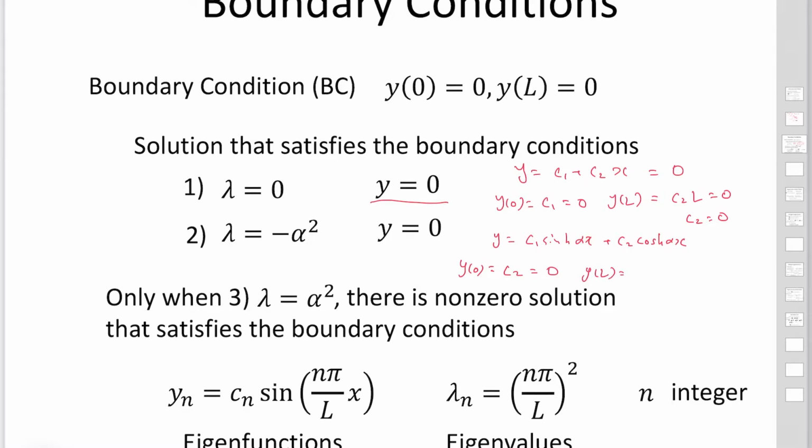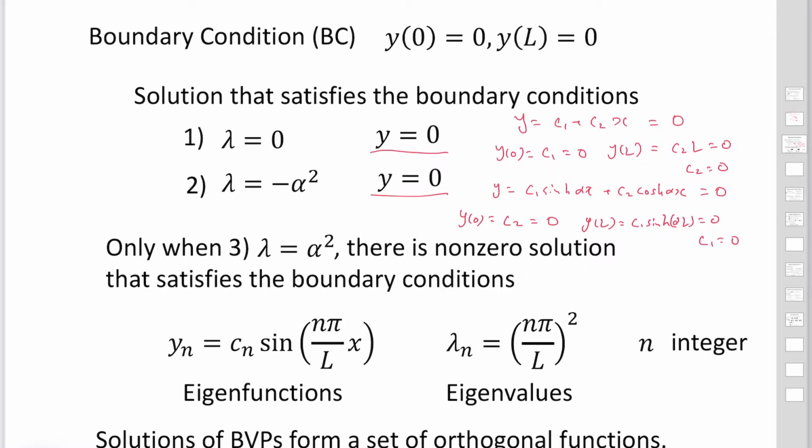Substituting L, it becomes c sub 1 hyperbolic sine alpha L equals 0. So c sub 1 has to be 0. So c sub 1 and c sub 2 are 0, and we have y equals 0. So in the two cases, lambda equals 0 or lambda negative, y has to be 0.